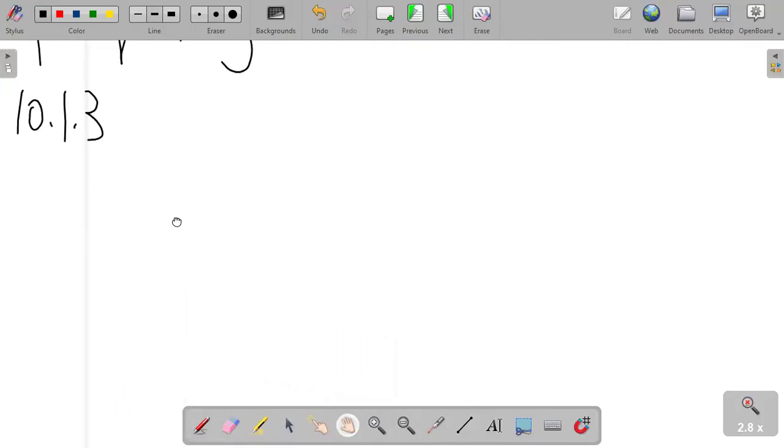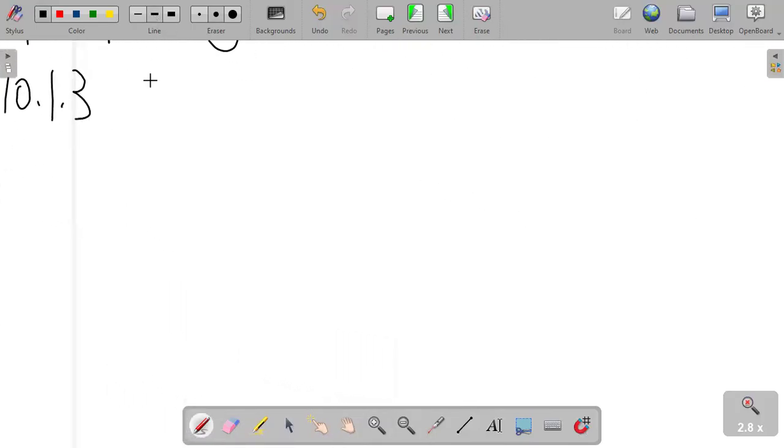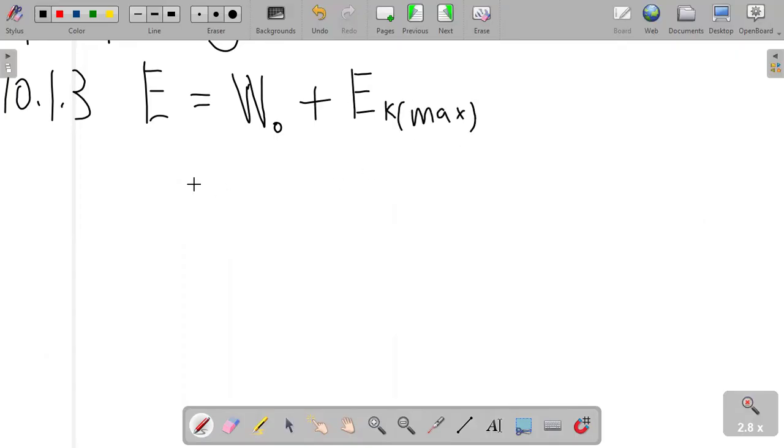So we use the equation where E equals work function plus EK max, maximum kinetic energy. We use the frequency here because that's what we're given.